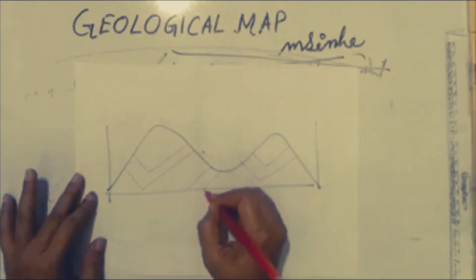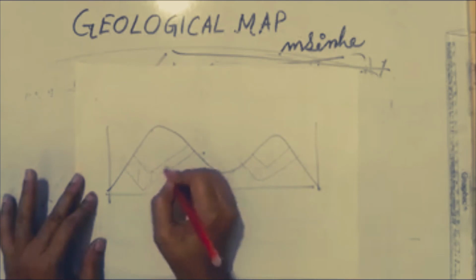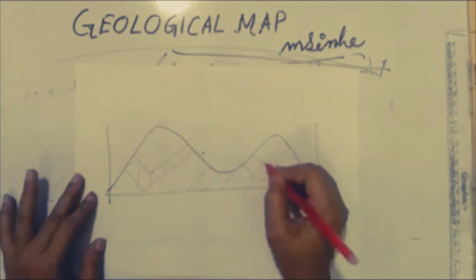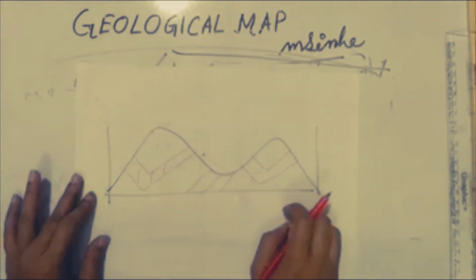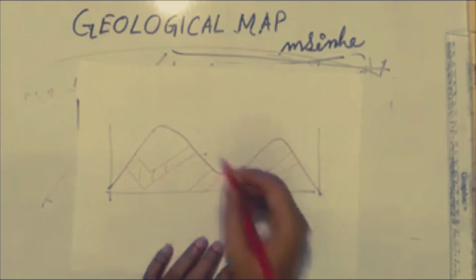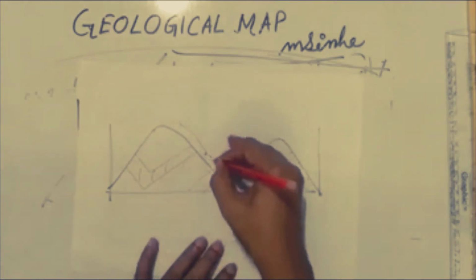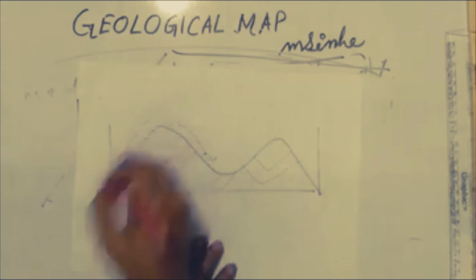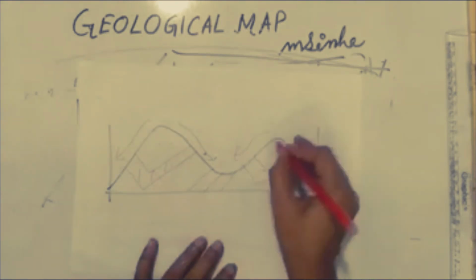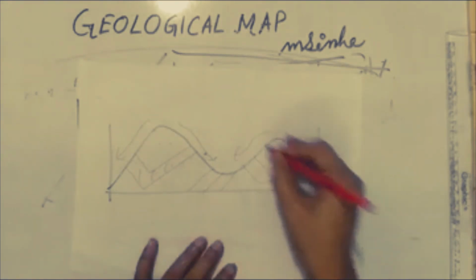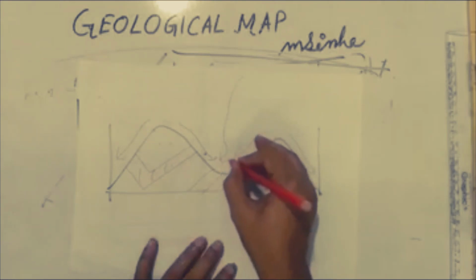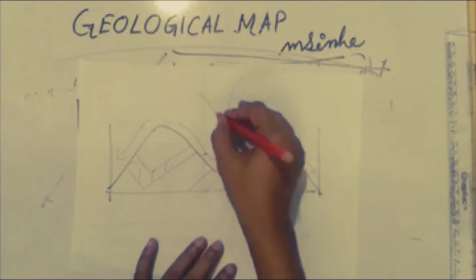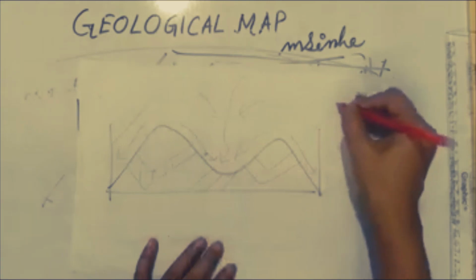Think about the water line. If the river comes that way, it will act as a water divide, and think in 3D, then that kind of system will develop.